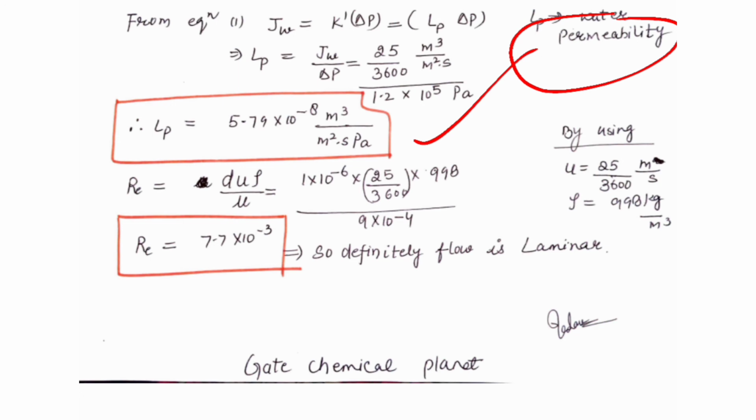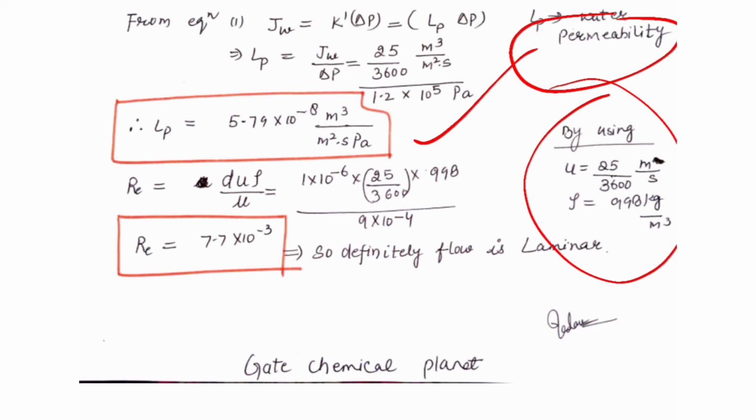Now we will check which type of flow there is, either laminar flow or turbulent flow. To determine the type of flow, we will calculate the Reynolds number. Here the value of density for water we are taking as 998 kg per meter cube.